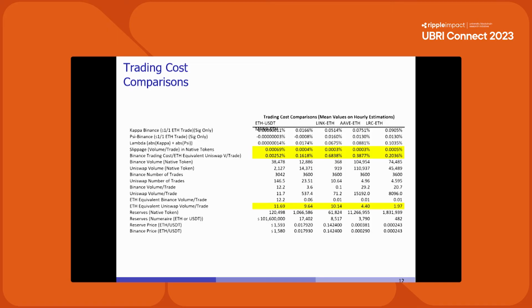So how do we calculate this? We look at slippage. Now slippage is for a certain average trading volume, and that is the ETH equivalent trading volume, right? And then we estimated our Binance trading cost compared.